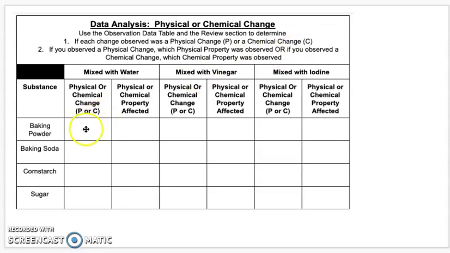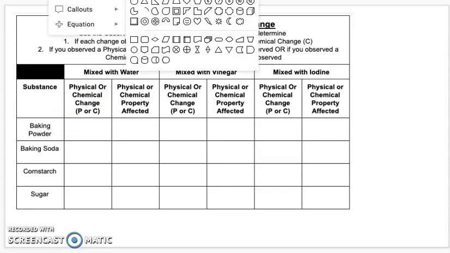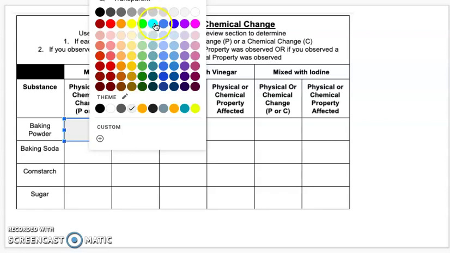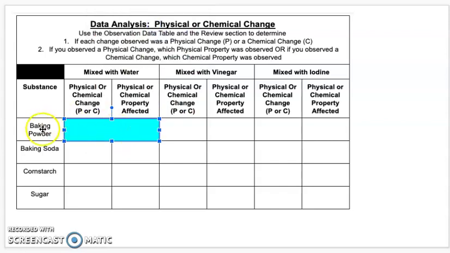So for instance, let's do baking powder mixed with water. I can see that I have 2 boxes that are filled in for that. I'm going to put a quick little blue thing over them just so you can see them better. Okay, these 2 boxes get filled in about baking powder mixed with water.